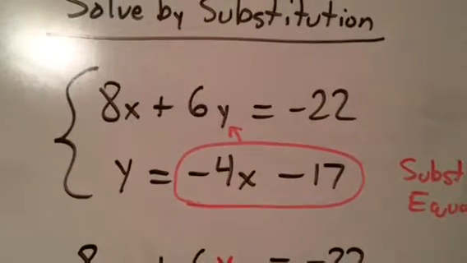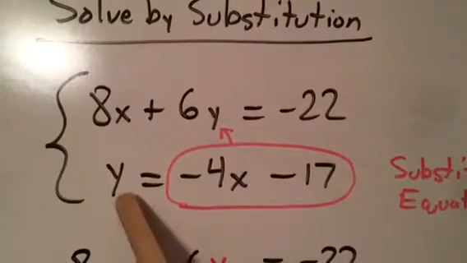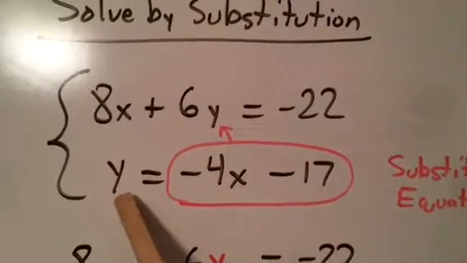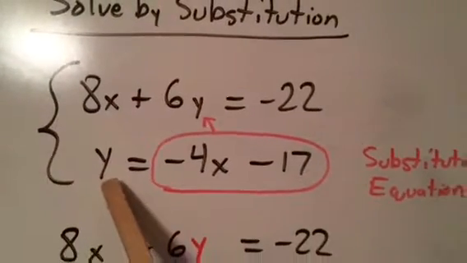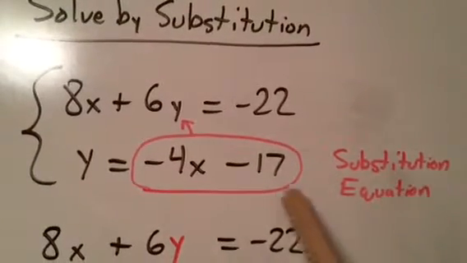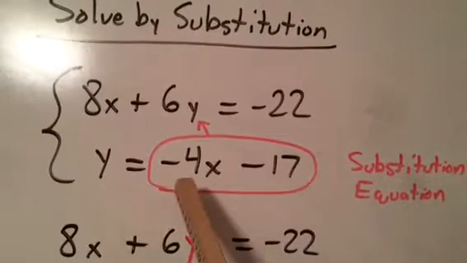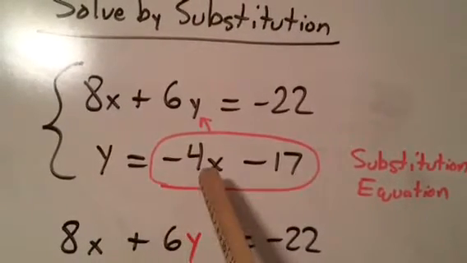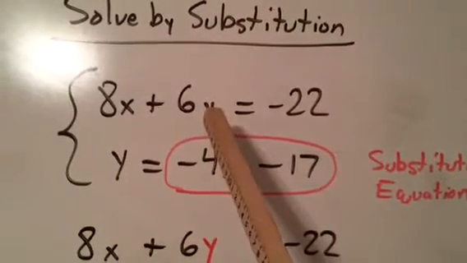However, a much quicker method is when one of the equations is solved for a variable, in this case y, we can call this our substitution equation, in which we can take the algebra expression that y is equal to and replace it with the y in the other equation.